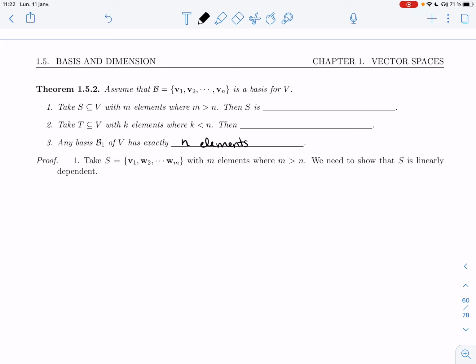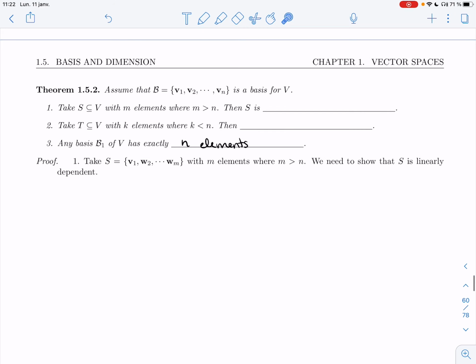We will prove a couple of other results on the way to proving this. We'll also prove that if S inside V has m elements, so more elements than the basis, then S is linearly dependent. So you can't have 4 linearly independent vectors in R3 because a basis for R3 would have 3 elements in it.